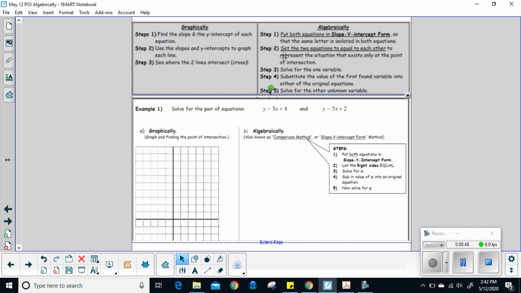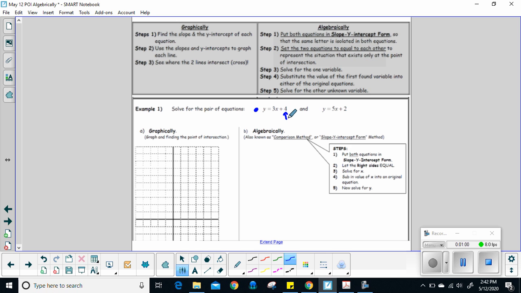Here I have two equations, y equals 3x plus 4, and y equals 5x plus 2. So if I make my y equals 3x plus 4 my blue line, then I start, remember that's my y-intercept. So I start at 4, 1, 2, 3, there's 4 right there.